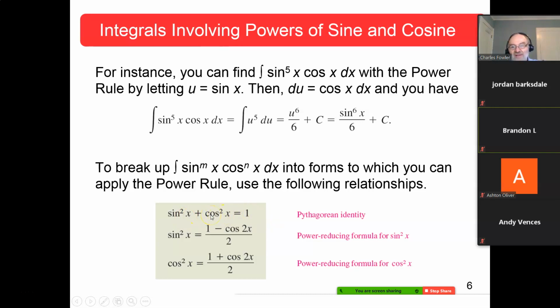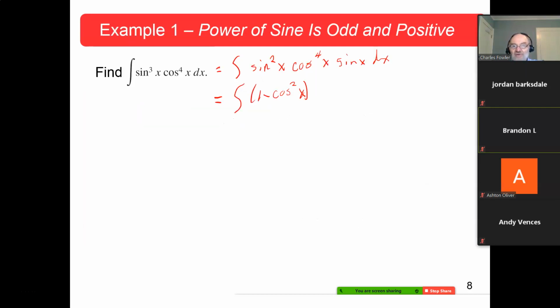So you get everything except that one little sine, everything else in terms of cosine. This one's already in terms of cosine, so we'll just write that as cosine fourth x. And then this will be your sine x dx. We're going to see what's going to happen with that in just a minute.